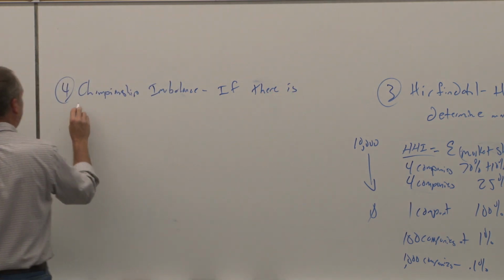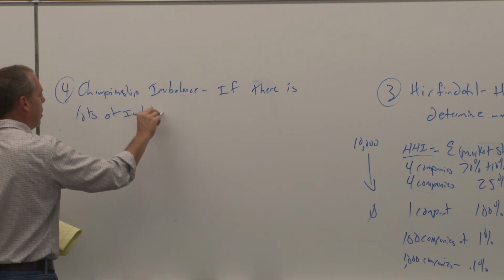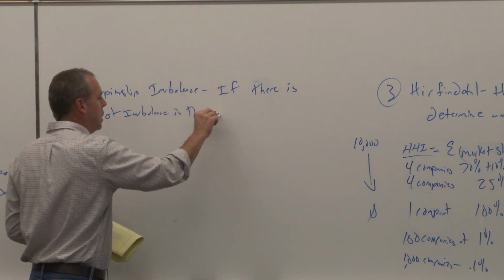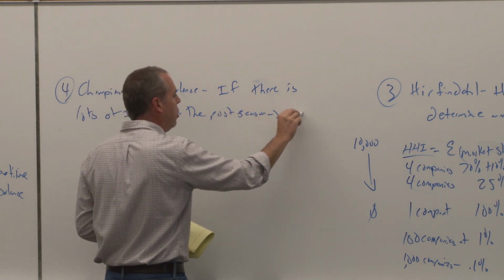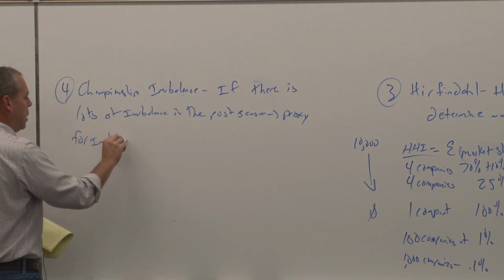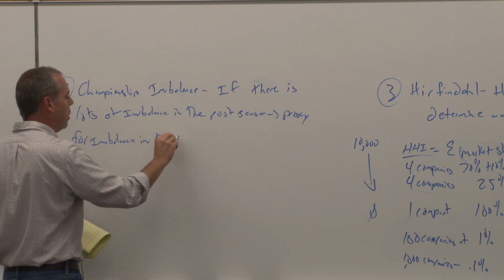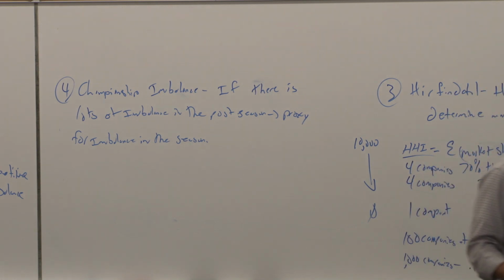If there is lots of imbalance in the postseason, we can use that as a proxy for imbalance in the season. If it's the same teams going into postseason every single year, it's the same teams winning, then that's a pretty good sign that we've got imbalance in the regular season, right?